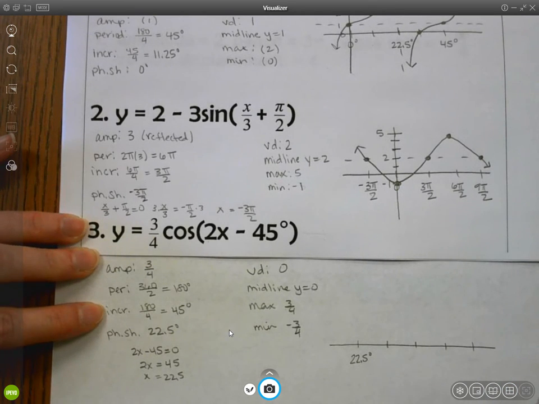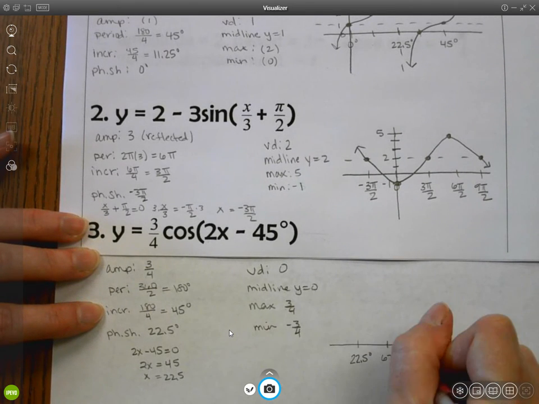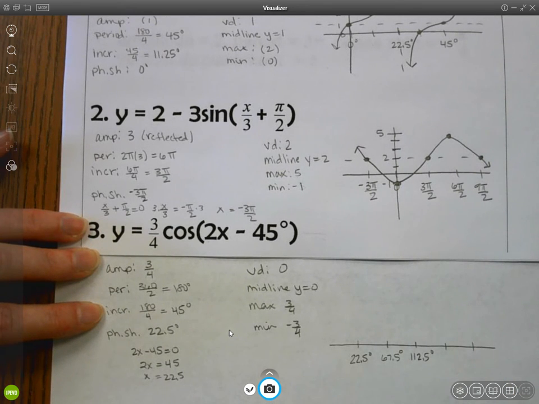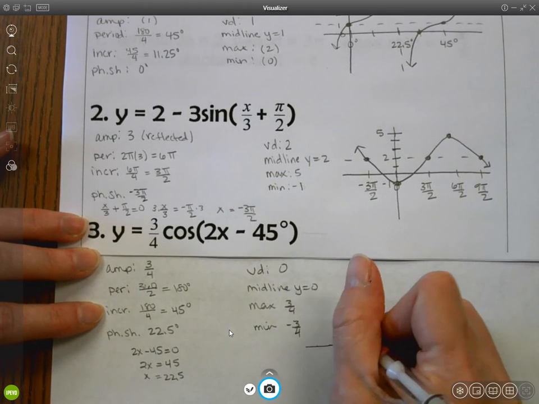We are going to count by 45, so that's going to give me 67.5, and then 112.5, and then 157.5 and a 202.5.